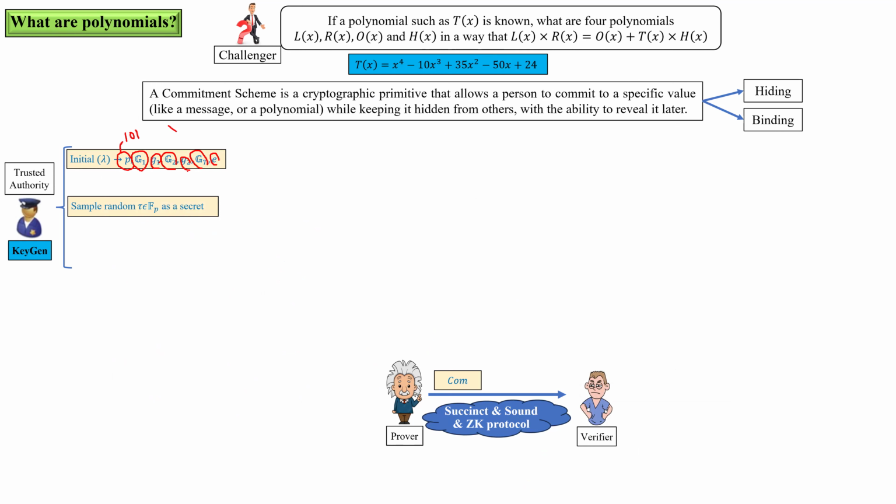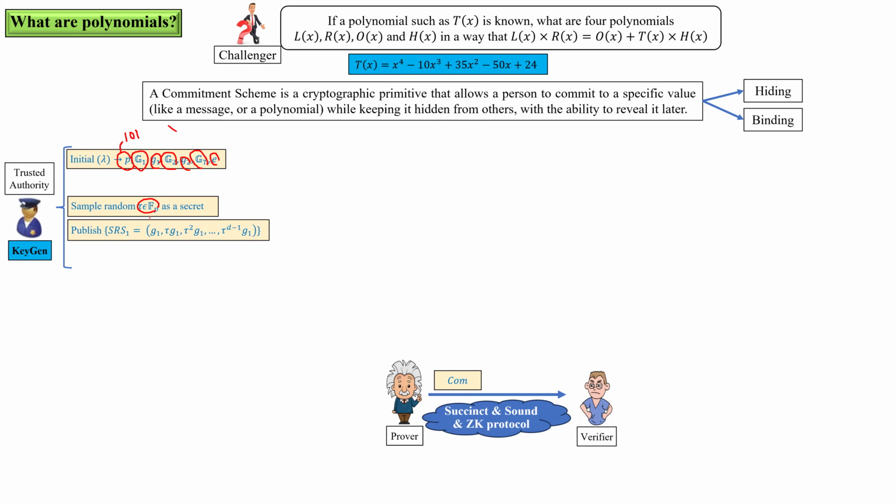Then the protocol says that the trusted authority should pick a random value like tau from the field and consider it as a secret, and then publish some values that we call the SRS.